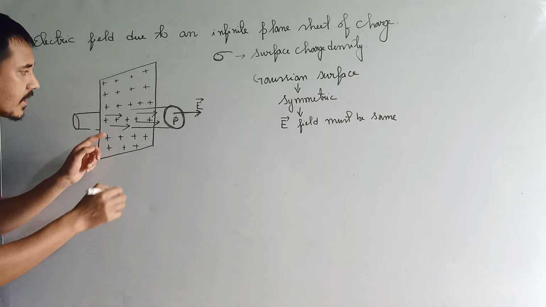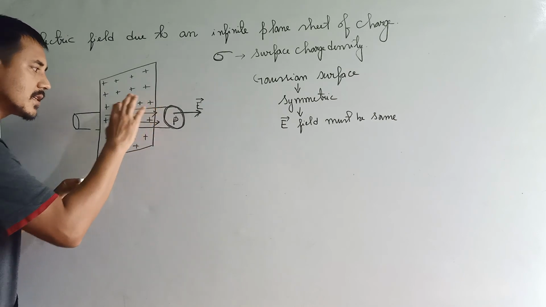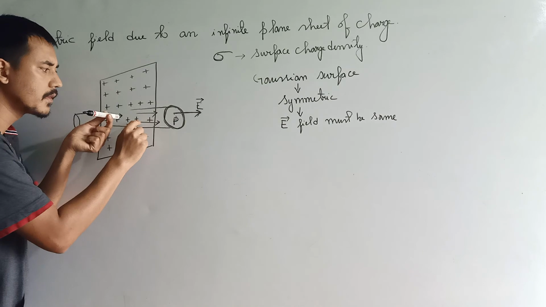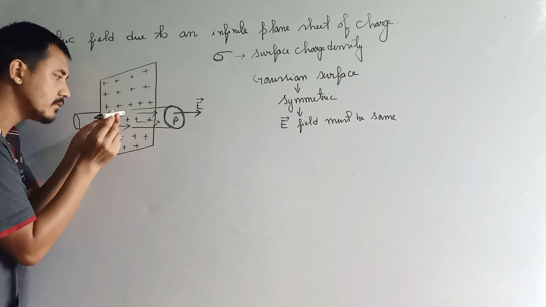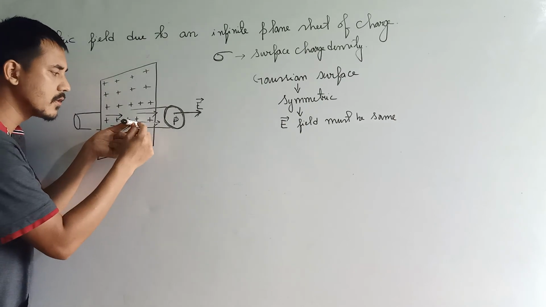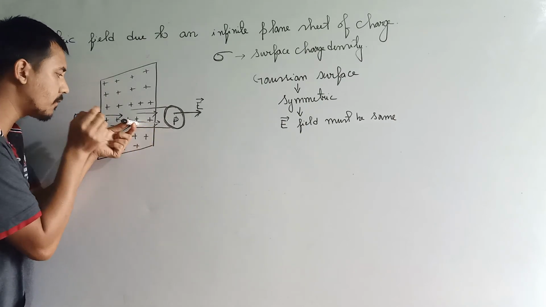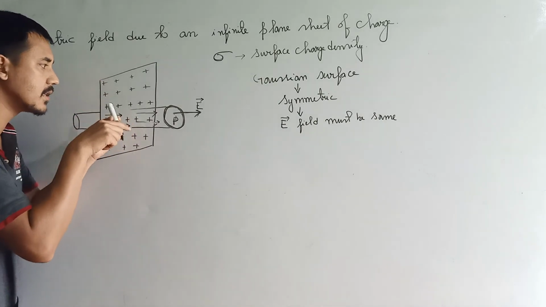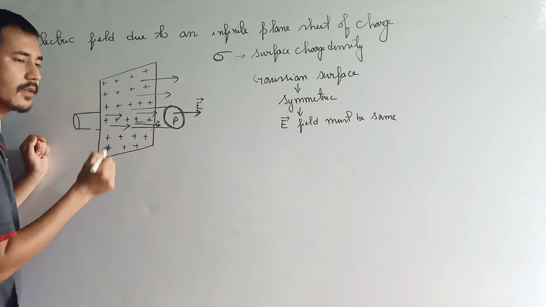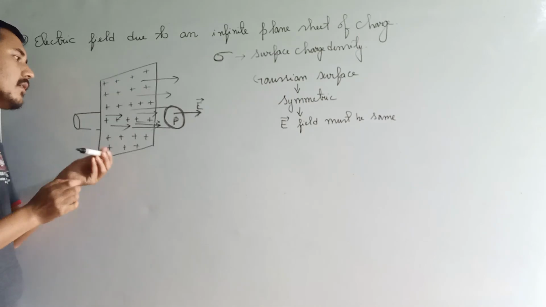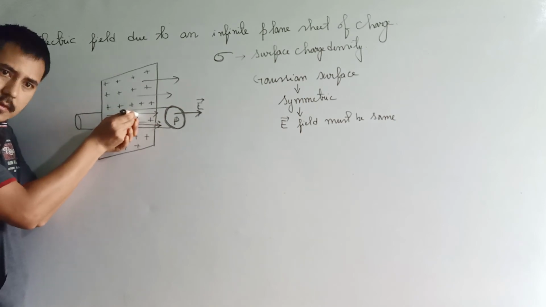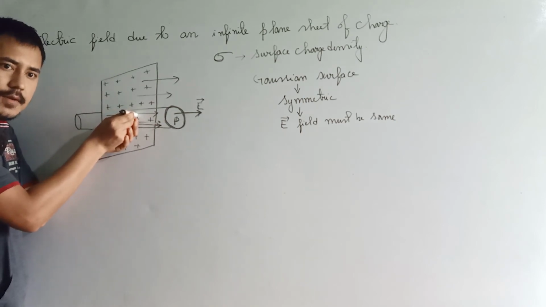And the area vector of this surface will be perpendicular to the surface, in this direction.